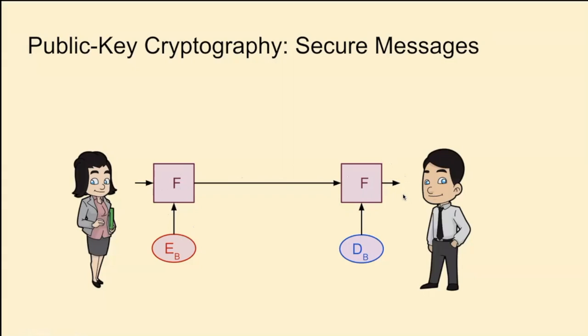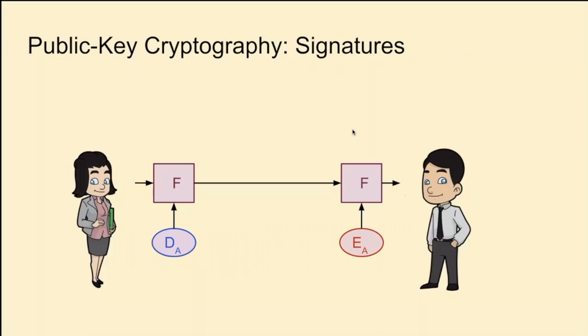So that's the essence of how public key crypto systems allow security. They do another very cool thing, though, which is they also provide a form of signature. So let's suppose that Alice wants to send some message to Bob, and she's not so concerned that it be secret from everybody else.